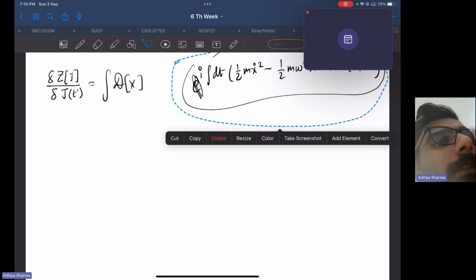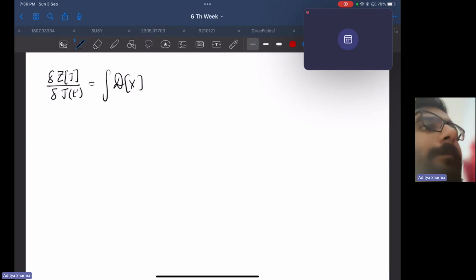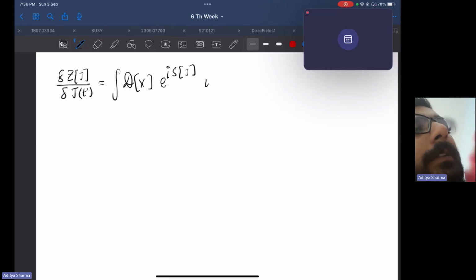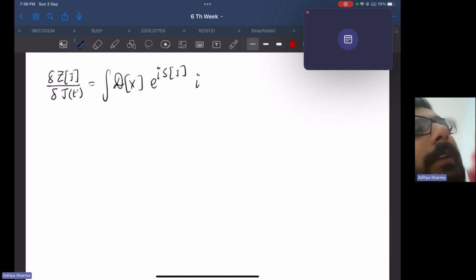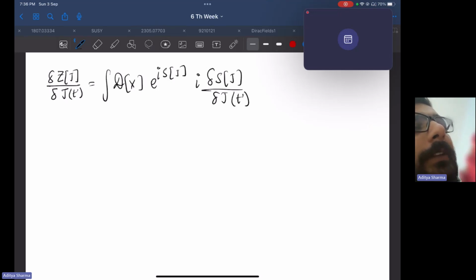Let me delete this. Let me write it properly. dz/dj now is e to the power of j, right? But I differentiated this, so I should have i del s. This is just the chain rule I'm using, and this is perfectly fine.